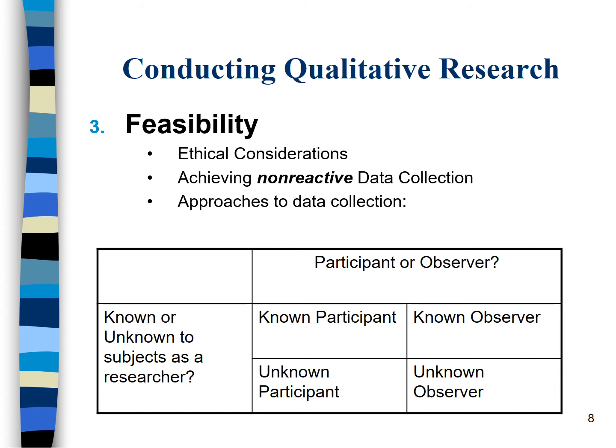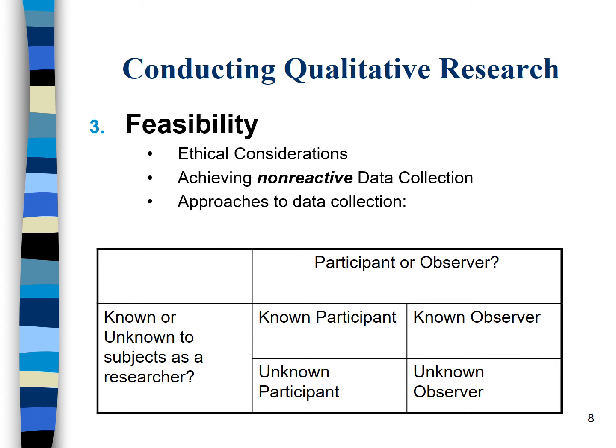So this chart at the bottom breaks down two questions a researcher has to consider before we pick our appropriate approach to data collection. On the left-hand side of that chart, you'll see a question that says, known or unknown to the subjects as a researcher.